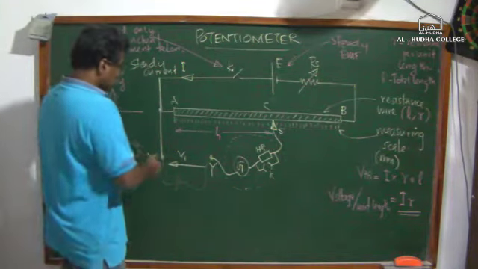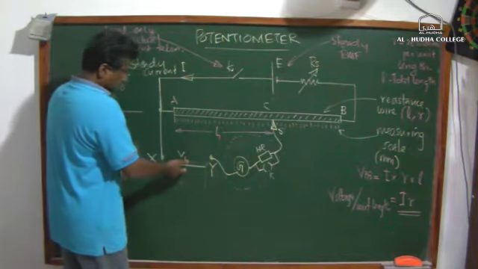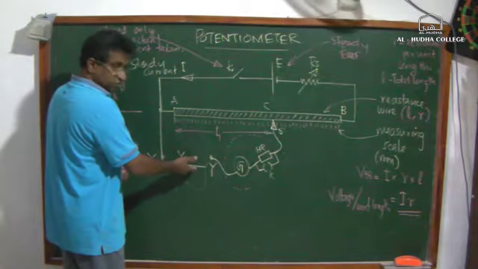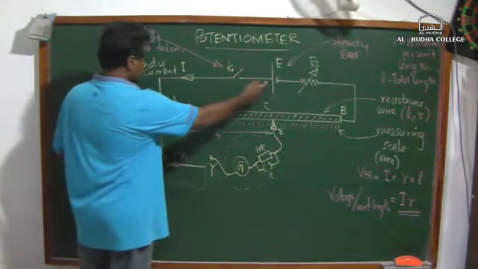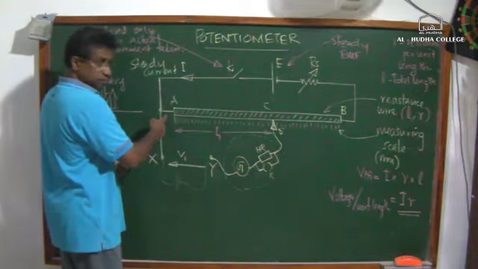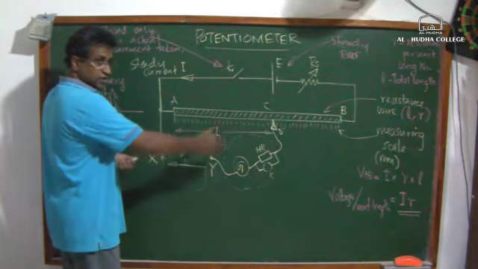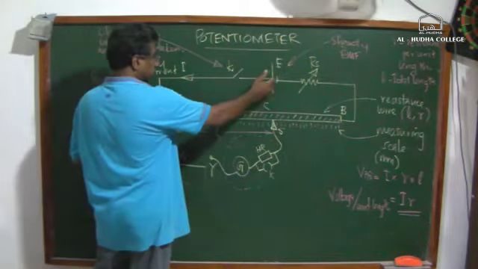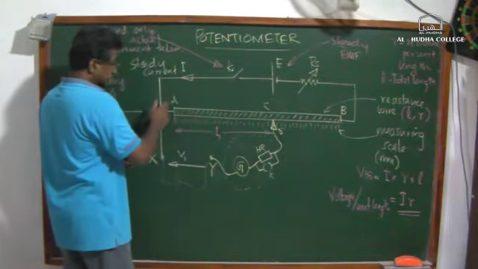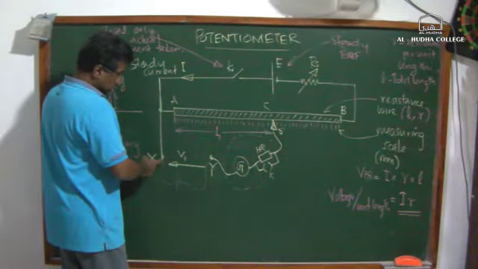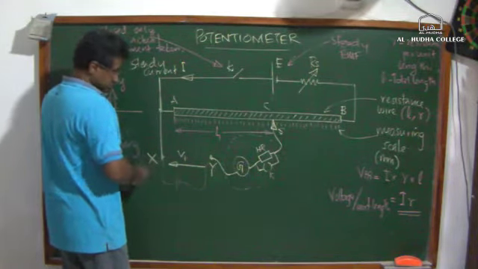The positive polarity of the measured voltage and the positive polarity of the primary circuit should be at the same point A. Otherwise we can't do this. You can't change it. Because the positive polarity of the primary circuit is at A, the positive polarity of the secondary circuit also should be at A or X.